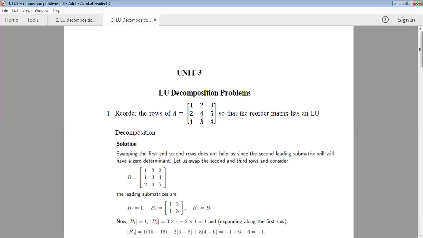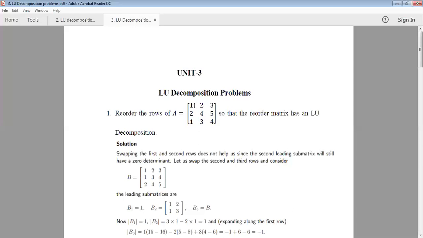Now I am reordering the rows. Suppose this is our matrix A: [1, 2, 3; 2, 4, 5; 1, 3, 4]. If we interchange the first and second rows, we get first row 2, 4, 5, second row 1, 2, 3, third row 1, 3, 4.